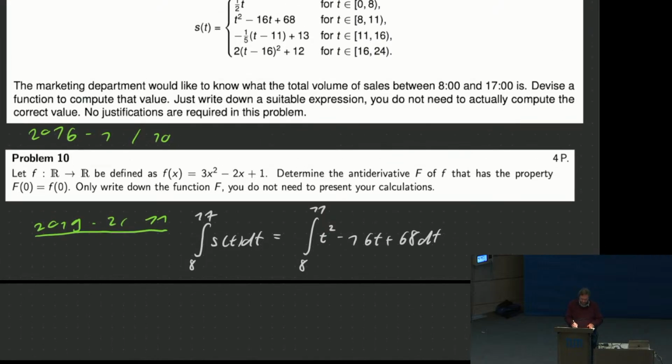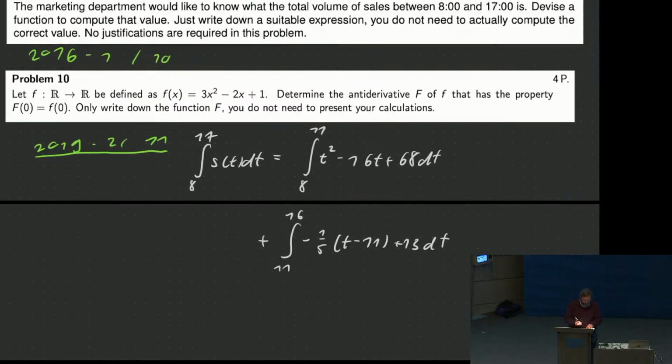Then for the next part, this one starts here at 11 and is valid until 4 o'clock in the afternoon. This is the expression, so that's the next part of our integral. So we add the integral from 11 to 16 of minus 1/5 (t minus 11) plus 13 dt. And we're not quite at 5 o'clock yet, so we need to add a little more of that last part here that starts at 4 o'clock and goes to midnight.